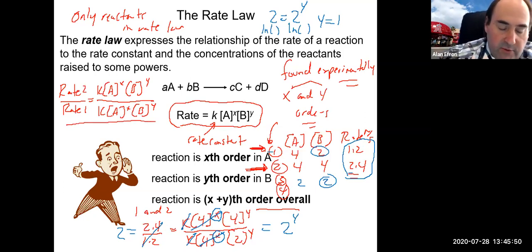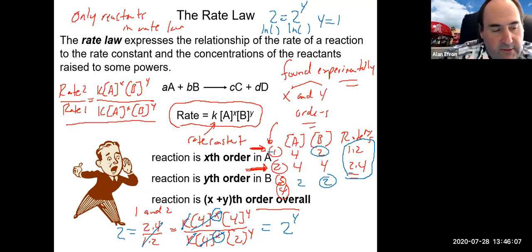Where it says rate 2 over rate 1 equals k[A]^x[B]^y, basically what you want to do is go to the table and choose two entries in that table. Rate 2 and rate 1 doesn't mean that you have to take the first entry and the second entry.